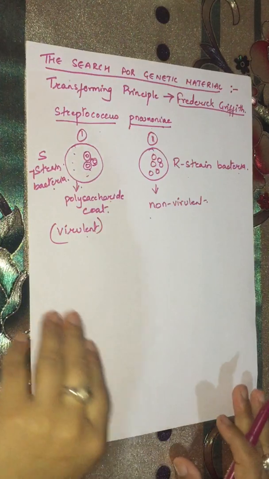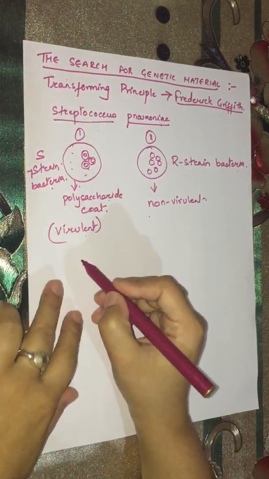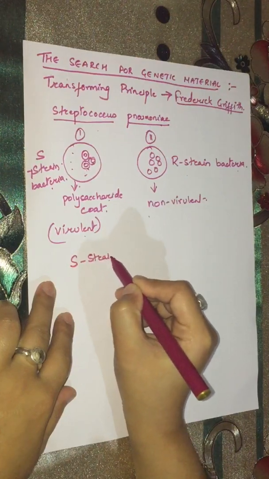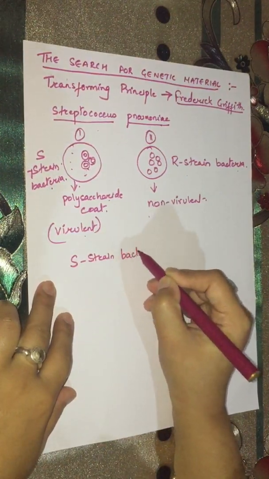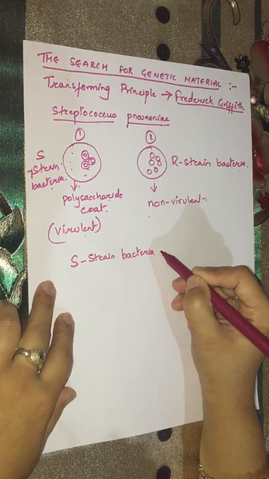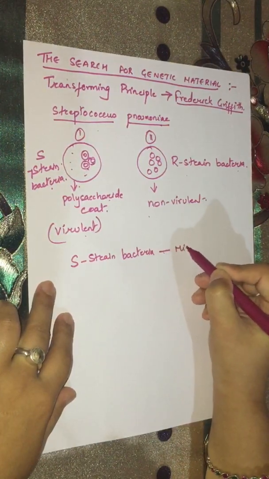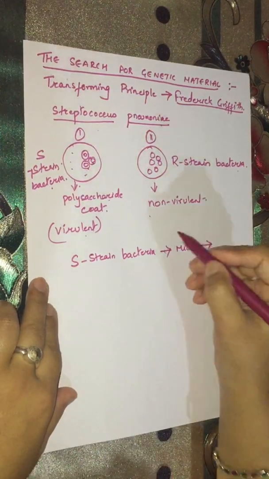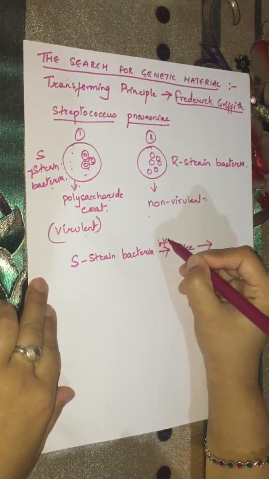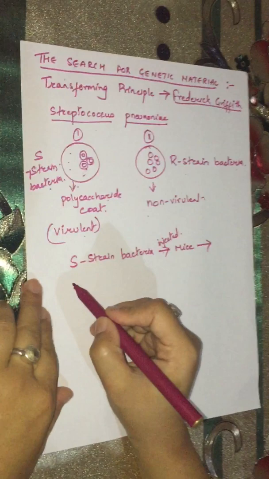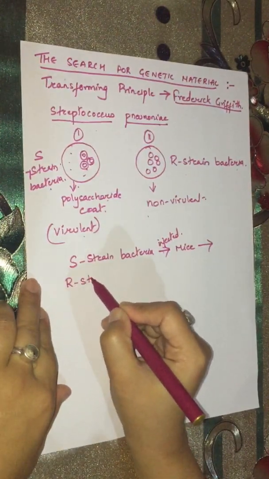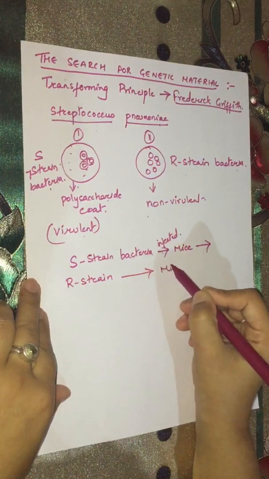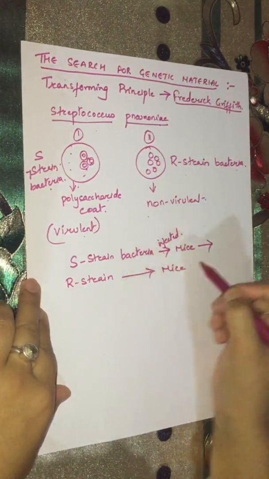Now he injected S strain bacteria into mice, and then he injected R strain bacteria into another mouse.